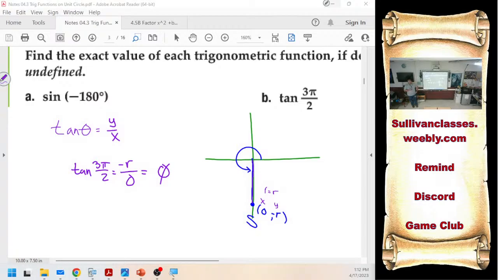Also, the way you determine if it's x, y, or r is by the axis it's on, because opposite is always y, adjacent is always x, hypotenuse is always r. And hypotenuse is always positive. Okay?